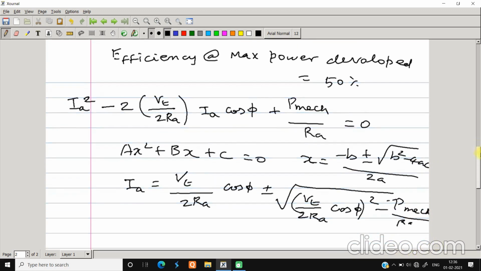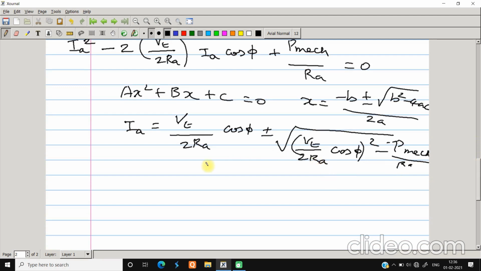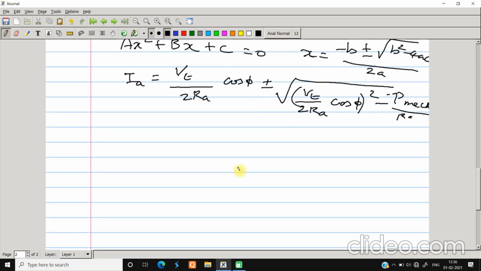So from this equation we can see that two types of Ia values are possible. Whenever we use the positive value, the machine will be at an unstable working condition. And if it is negative, then the machine will be at a stable operating condition.